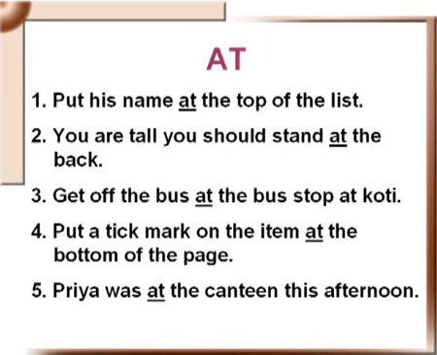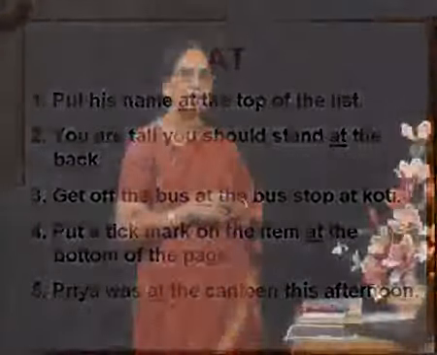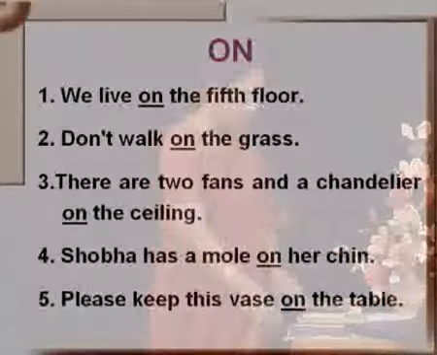It is to be put at the top of the page. Similarly, in sentence 2, you are tall, you should stand at the back. Get off the bus at the bus stop at Koti. Read through these sentences once again carefully to understand how they explain the relationships between the nouns and the pronouns, or the nouns and the rest of the sentence.